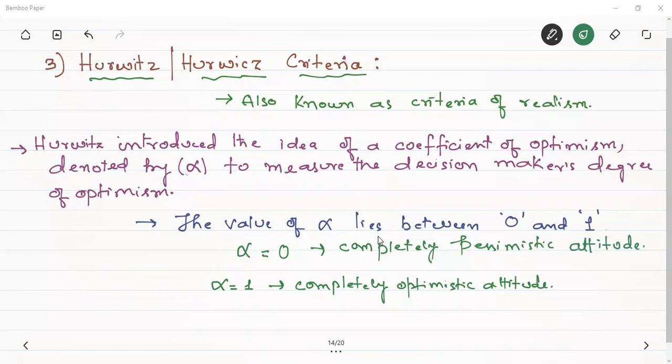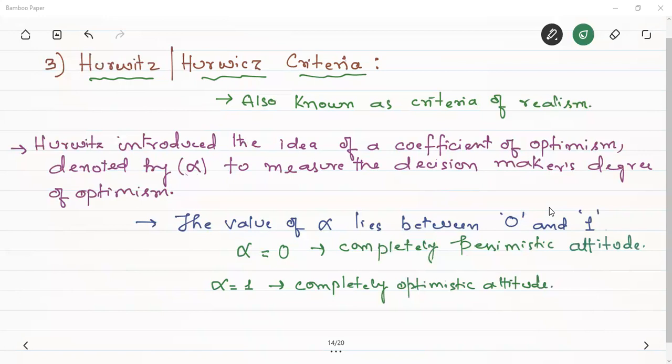But here Hurwicz introduced this idea of coefficient of optimism. He says that the decision maker may not be completely optimistic or completely pessimistic, but will be in between those extreme attitudes. Therefore alpha should lie between 0 and 1.